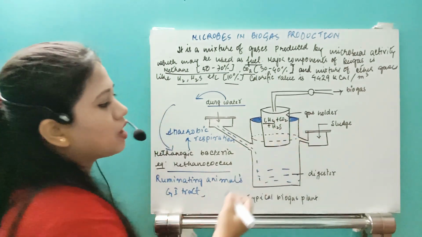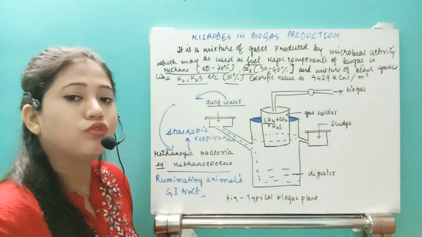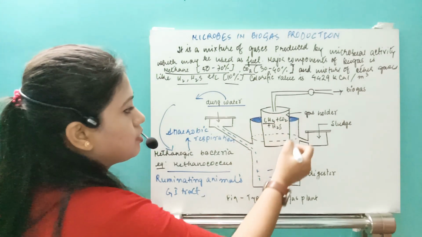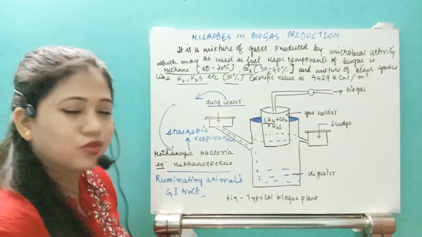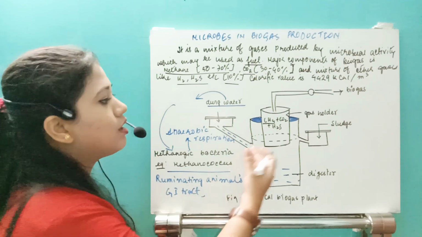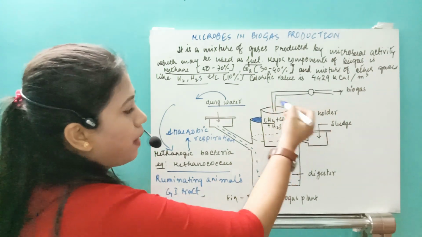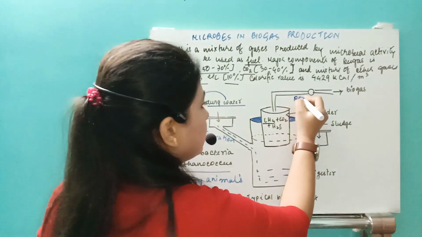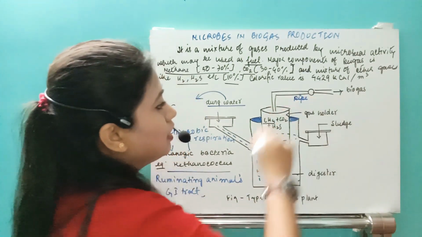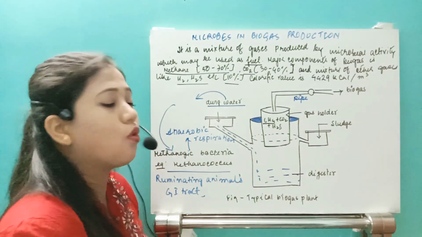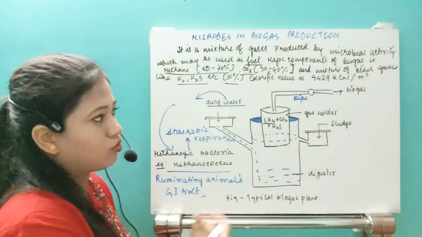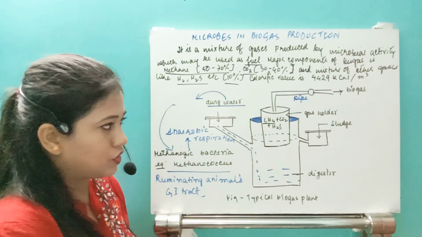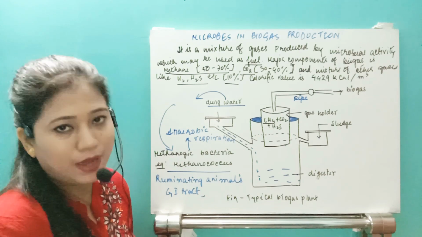This cover will not allow the gas to escape or evaporate. We have one outlet, which is the gas holder. This gas holder will collect all the gases into a pipe, and from this biogas pipe we can lead the biogas to your kitchen, and after switching it on we can get the biogas.